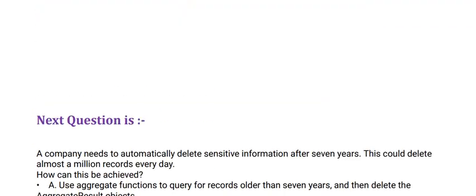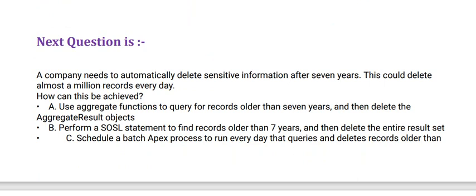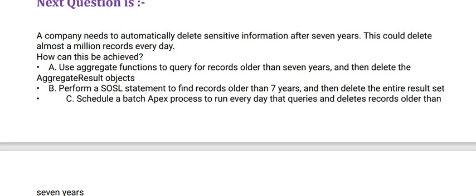Next question is: A company needs to automatically delete sensitive information after 7 years. This could delete almost a million records every day. How can this be achieved? Option A: Use aggregate functions to query for records older than 7 years and then delete the aggregate result objects. Option B: Perform a SOSL statement to find records older than 7 years and then delete the entire result set.